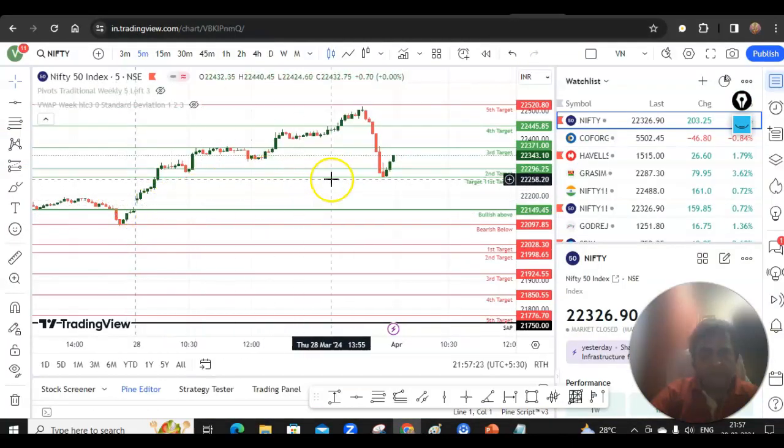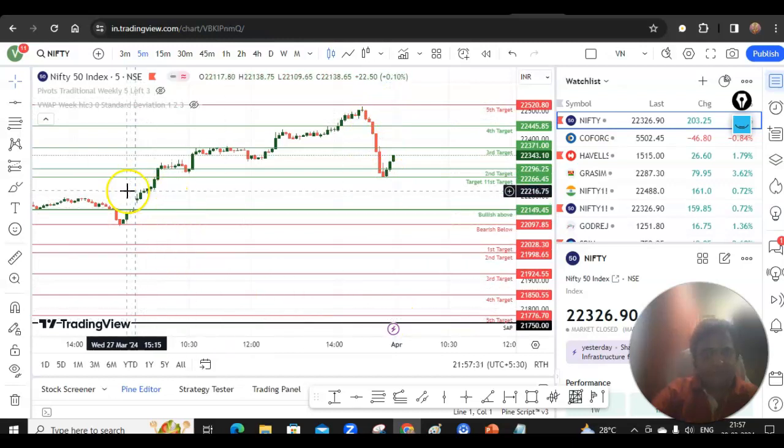So mark these levels on the chart, both sides, bullish above this. And after market starting, mark the high and low of first 5 minutes.